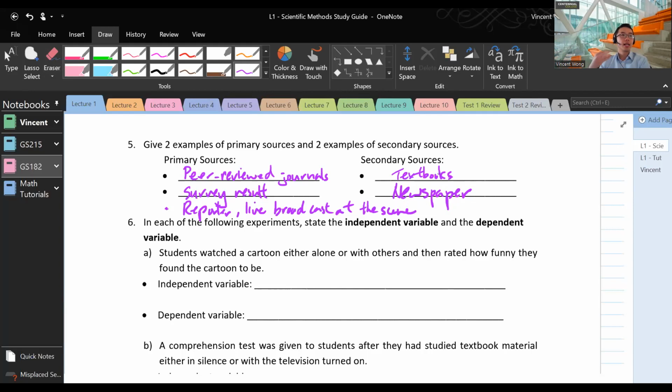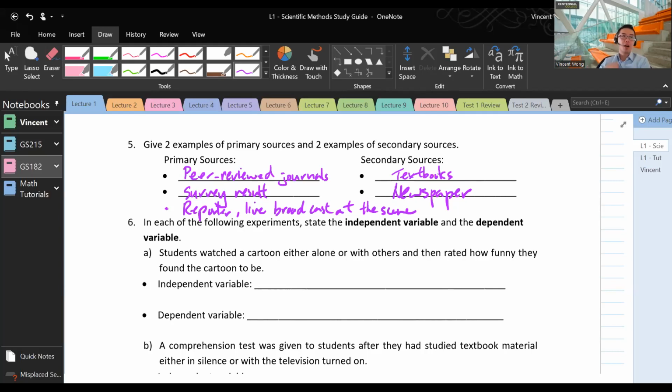So Karina, the main difference between primary and secondary is this. Primary has to be the person who's writing the material who experienced whatever they're writing about firsthand. So if I did an experiment and then I write about the result of the experiment, that's a primary source.